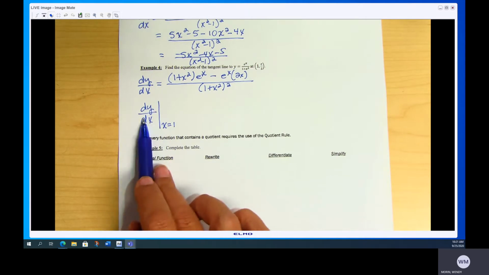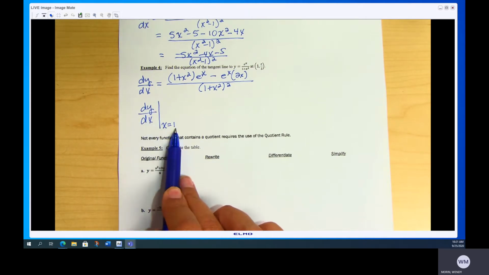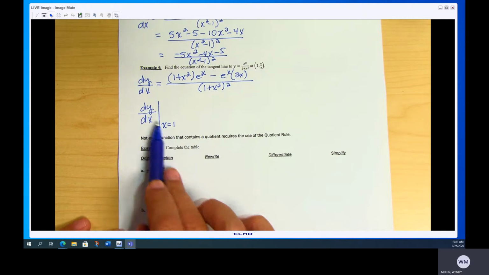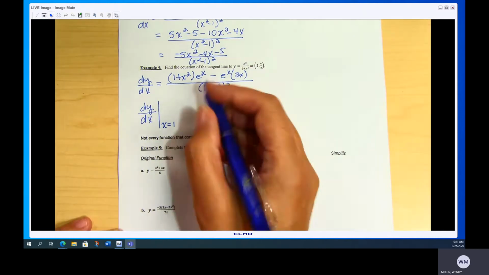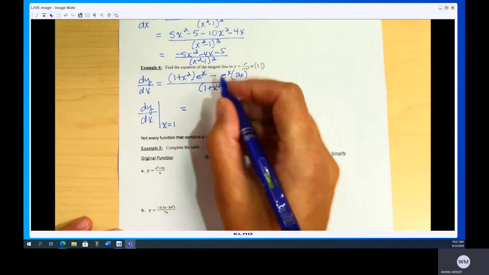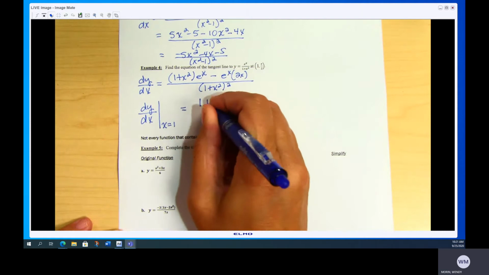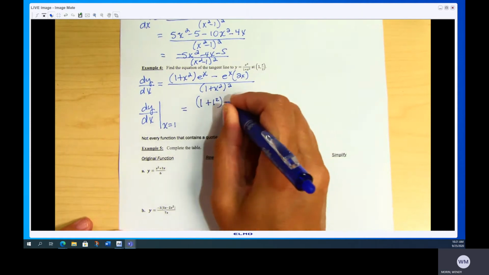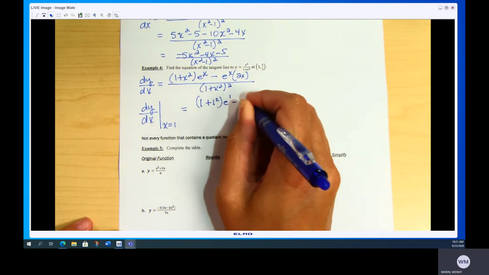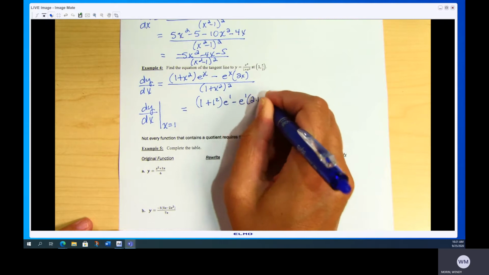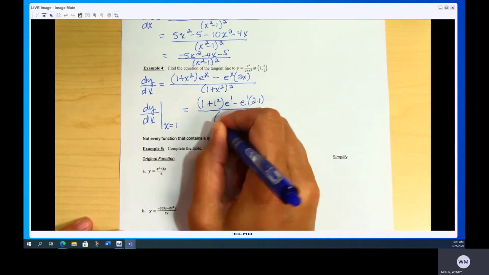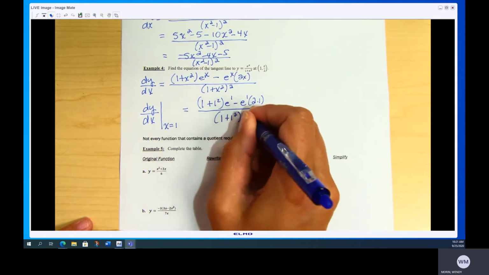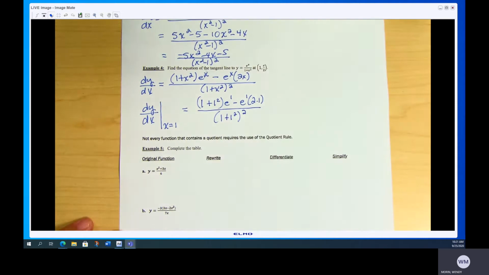Evaluate the derivative at x equals 1. So you have to understand that that's what that means. So I'm going to go ahead and plug in 1 before I simplify. So 1 plus 1 squared times e to the first minus e to the first times 2 times 1 all over 1 plus 1 squared, the quantity squared. All right, so simplify that. What is that equal to?